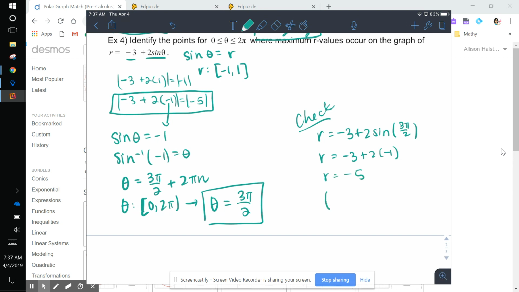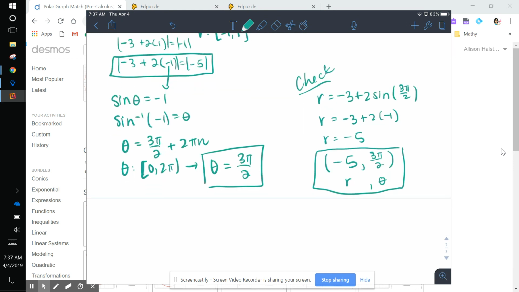I have a maximum point at a radius of -5, and the angle is 3 pi over 2. Where would you graph that? Well, I would graph that looking down at 3 pi over 2, but then walking backwards towards pi over 2. That would be right there. Okay, and that is that.